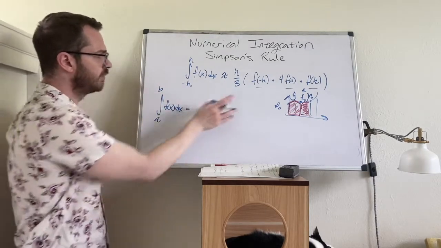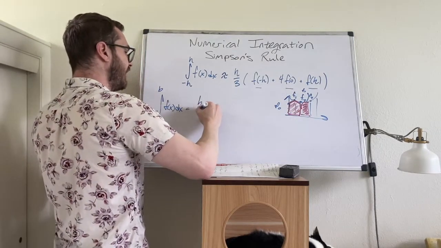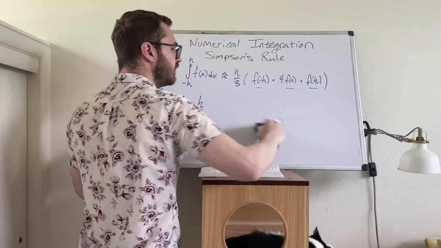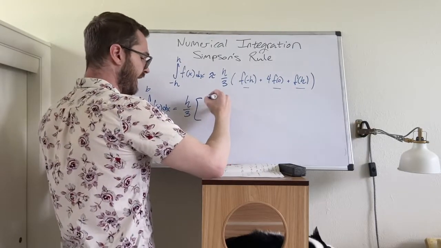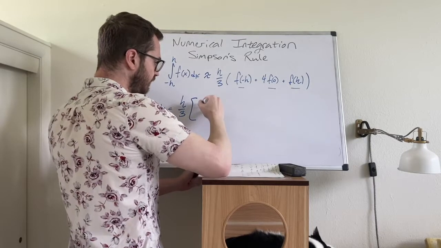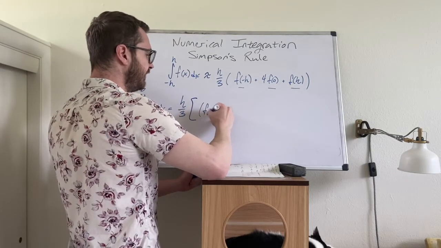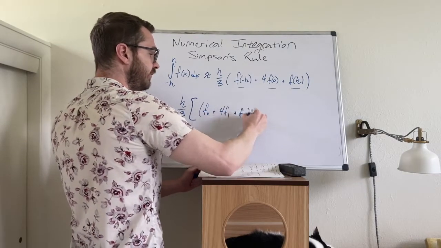So if we're going to apply this now to all of them, here's what it looks like. We're going to have h over 3. Let's do it by section. I'm going to break it up by section. So the first section is going to be f0 plus 4 times f1 plus f2.